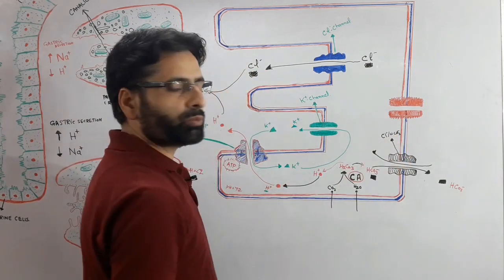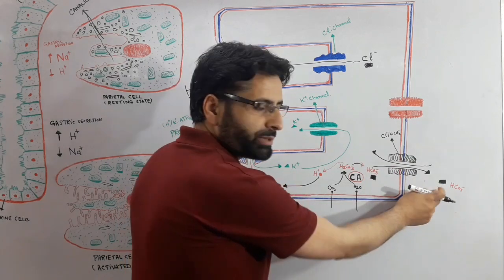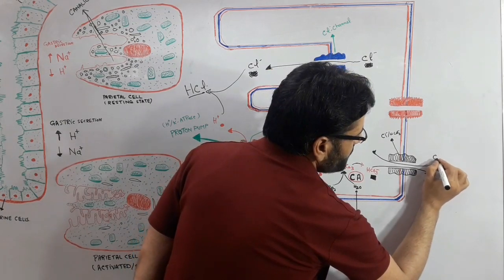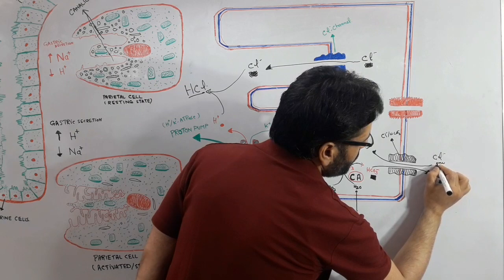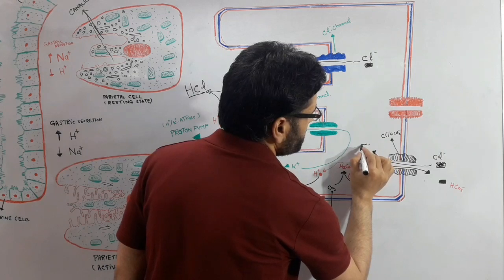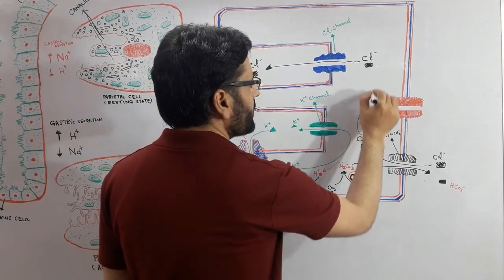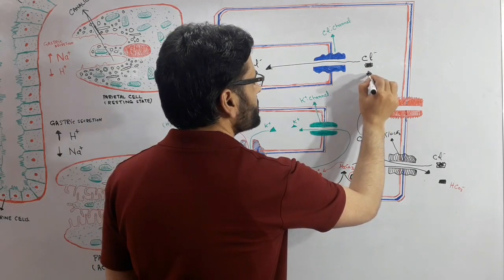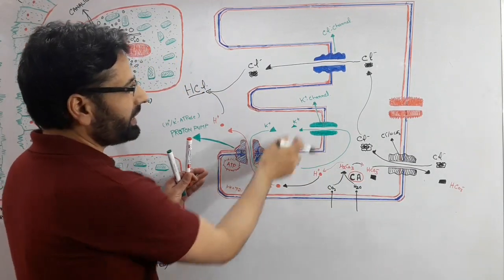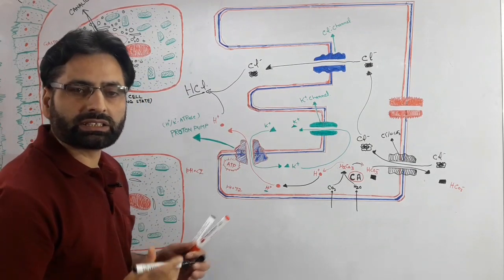It transfers one bicarbonate ion from the cytoplasmic side towards the external side, and simultaneously transfers a chloride ion from the outside towards the inside of the cell. This chloride ion can act as a source of chloride for this chloride channel. Now you can connect the performance of various channels with each other so far as the secretion of hydrochloric acid is concerned.